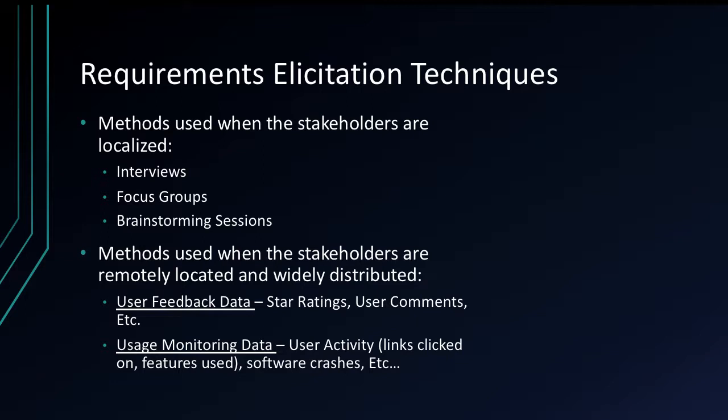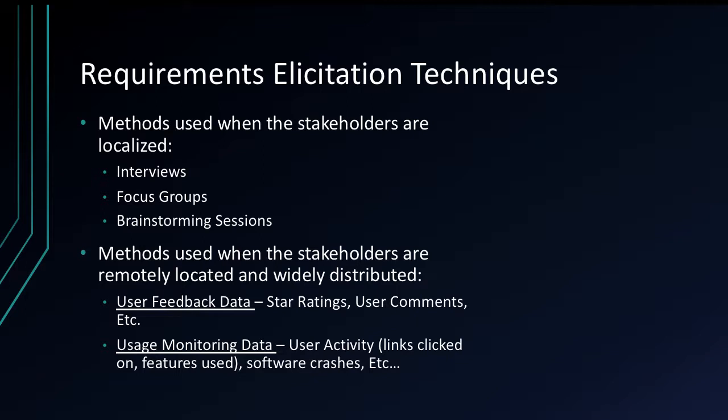Well, there are two primary ways, and both of them involve collecting information from the end users. The first form of data that companies use is called user feedback data. And this data becomes available to the developers when users leave feedback on something like an app store.